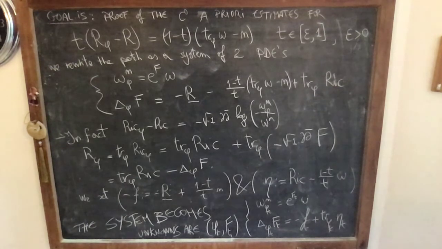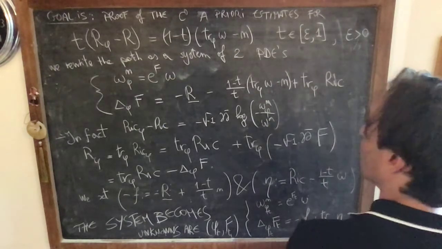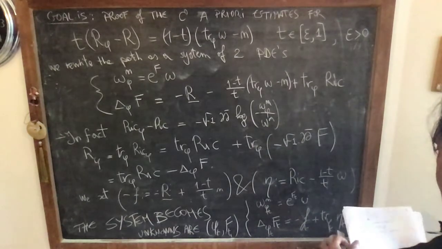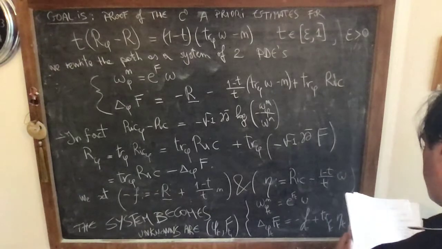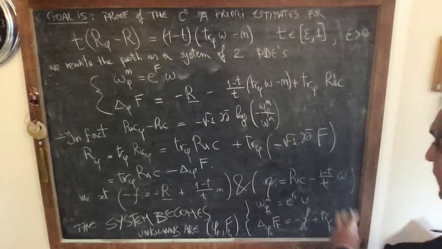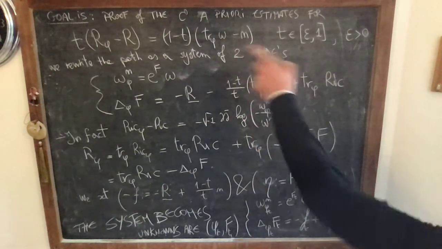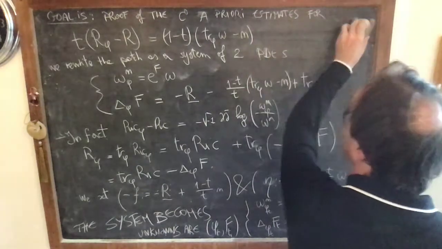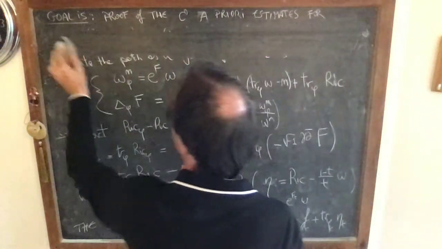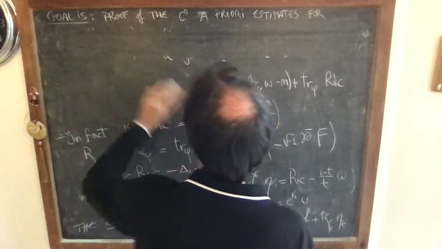Both are second order elliptic. Okay. So this is the system which is present in the statement about the C0 estimates. Let's go to the statement.